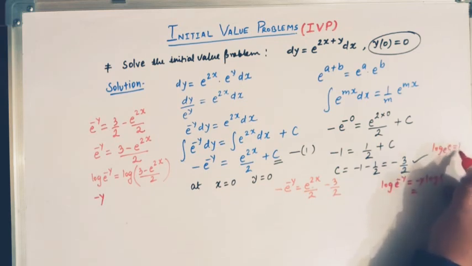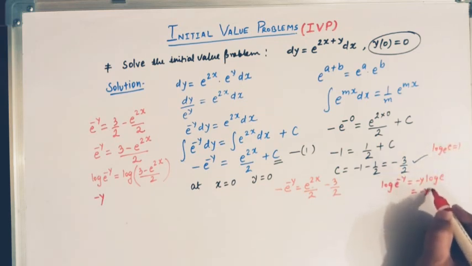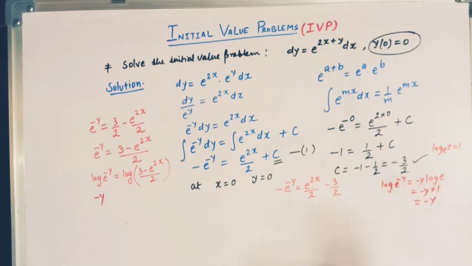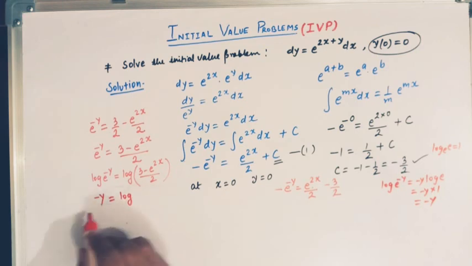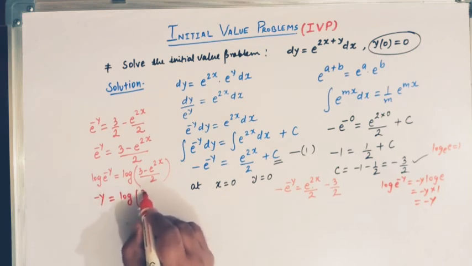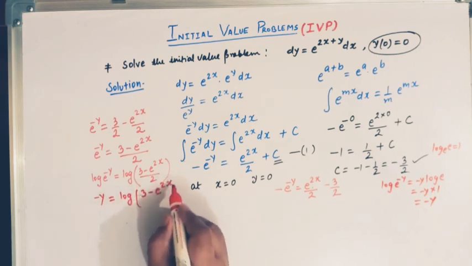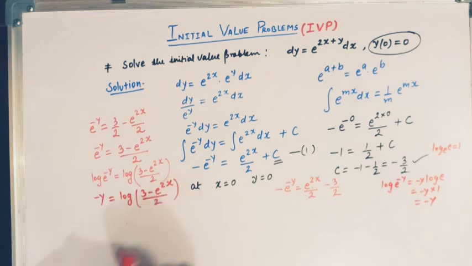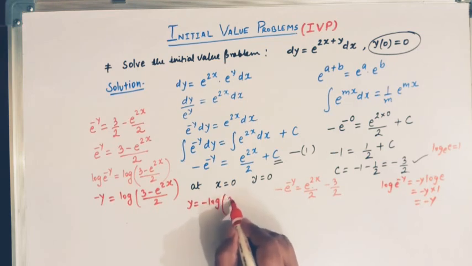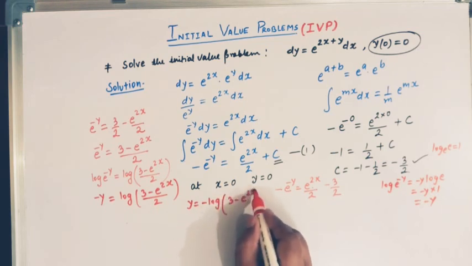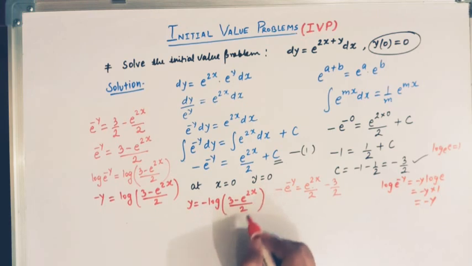So this is 1, and we have minus y times 1 is equal to minus y. So here we have minus y, and here we can write log of 3 minus e raised to 2x over 2, right? Now taking this negative sign to this side, we can write y is equal to minus log of 3 minus e raised to 2x over 2, right?